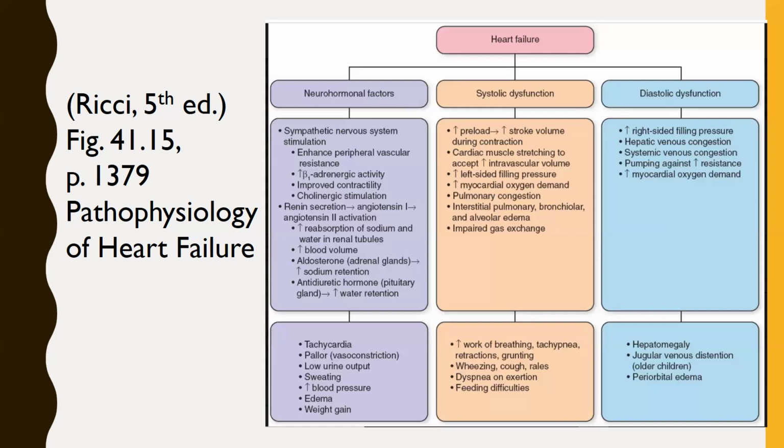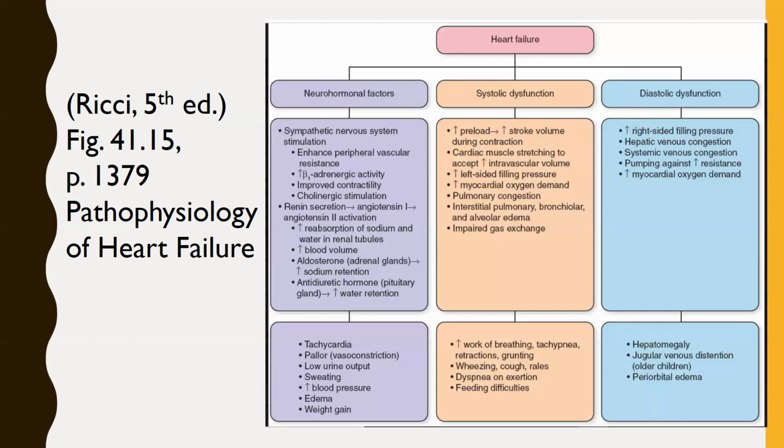With systolic dysfunction, we have increased preload that leads to increased stroke volume during the contraction. The cardiac muscle stretches to accept that increased intravascular volume. We have increased left-sided filling pressure and increased myocardial oxygen demand, pulmonary congestion, interstitial pulmonary, bronchiolar, and alveolar edema, and impaired gas exchange.